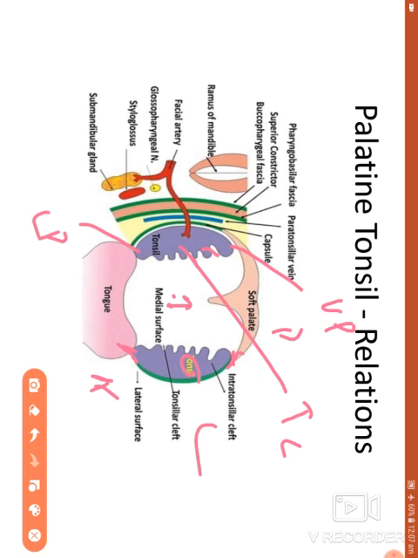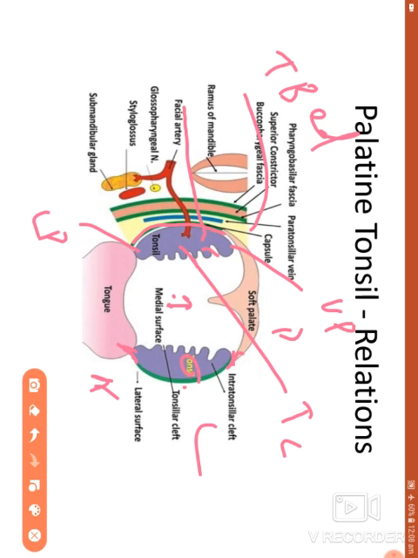This is the lateral surface. On the lateral surface, there is a fibrous layer that forms the capsule, the green color area. The outermost lateral part is covered by the fibrous capsule. Then it rests on some structures. The tonsil lies over some structures that together form the tonsillar bed.